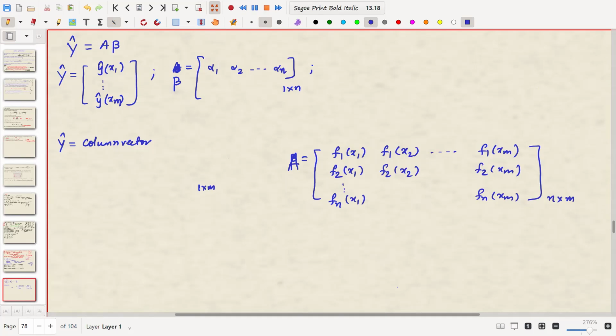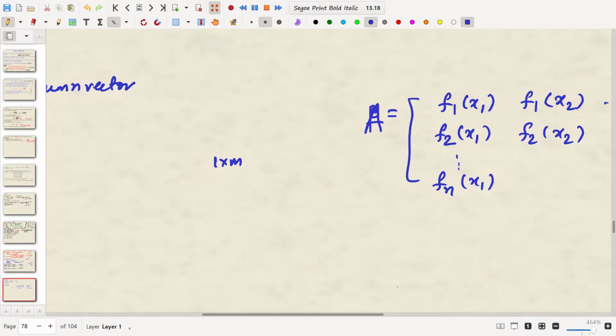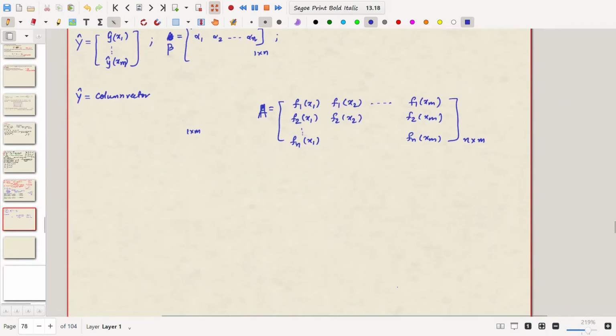Okay, so now it is coming to the picture. y cap is equal to A into beta. Sorry, I was confused what to name as A and beta, because we are writing alphas. That was a bit of confusion in the notation. Fine. So if we do it in this format, you can write y cap equals A into beta.